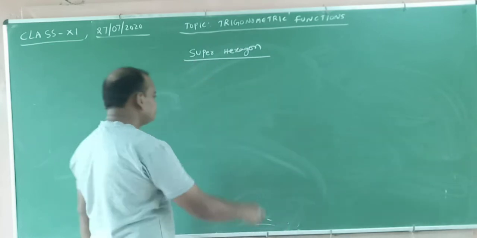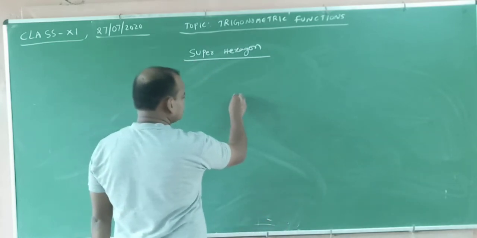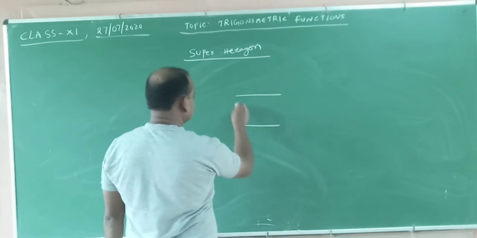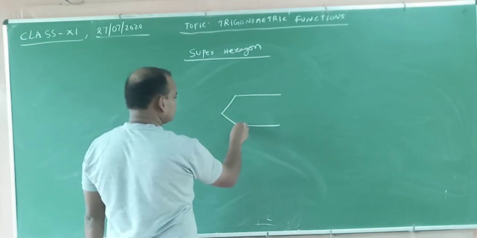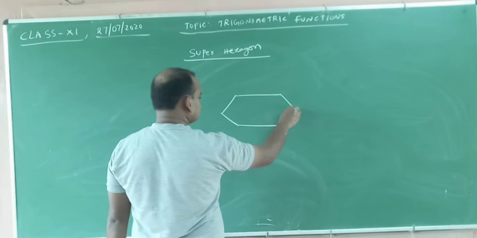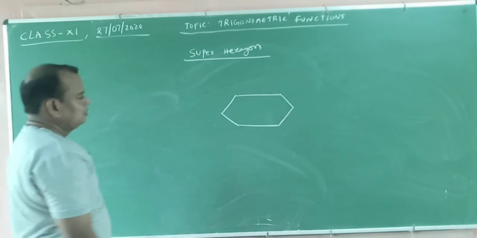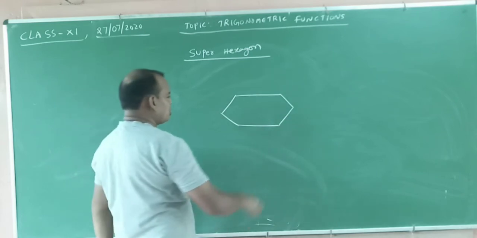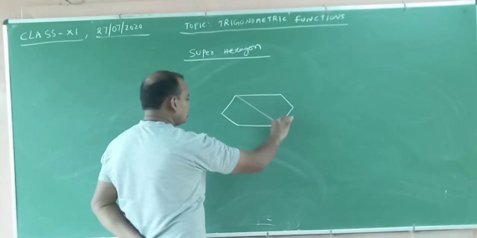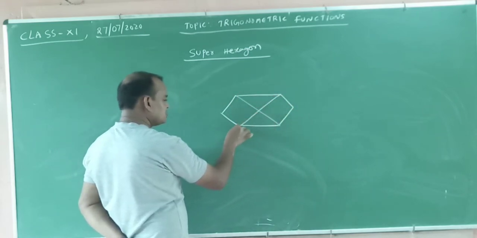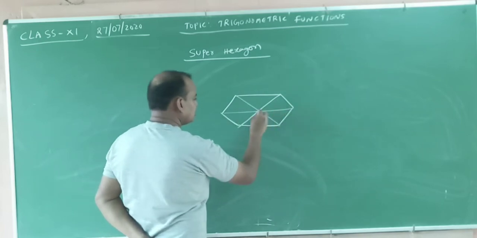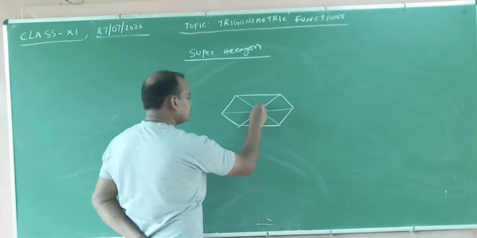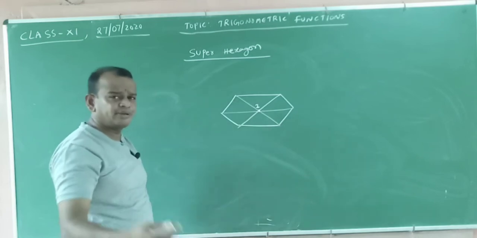Now join the opposite vertices. This is the center, whatever it may be.